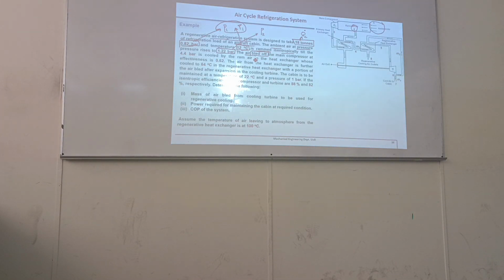Bled means taken out from the main compressor. So this air which is taken out or bled off from the main compressor at 4.4 bars means P3. This is P3.